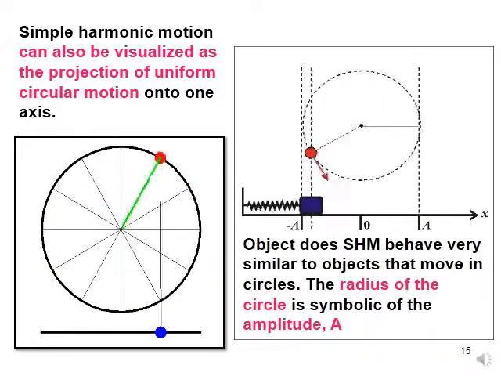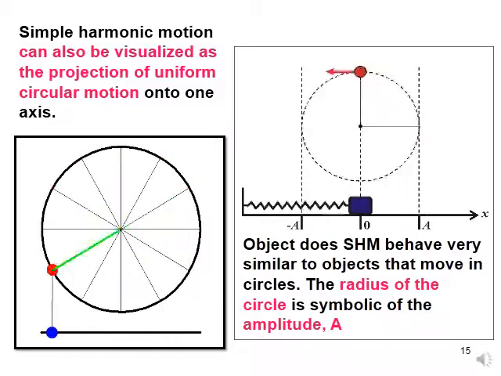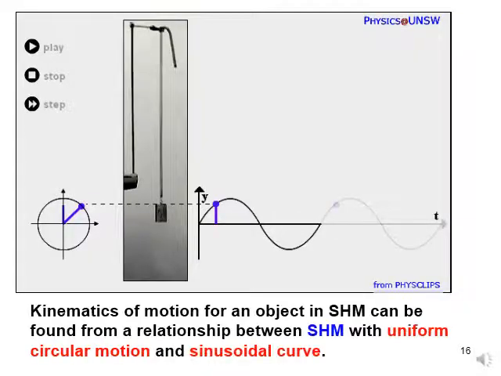The radius of the circle is symbolic of the amplitude A. This diagram shows that the kinematics of motion for an object in simple harmonic motion can be found from the relationship between simple harmonic motion, the projection of uniform circular motion, and the sinusoidal curve.